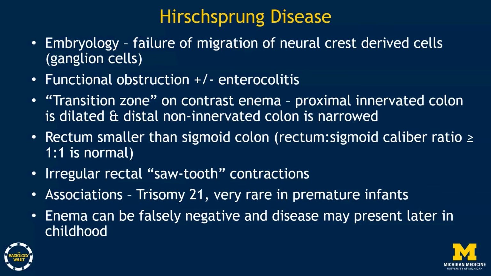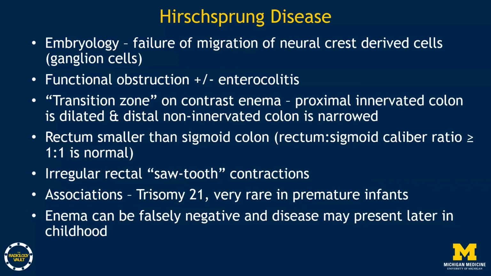Now, the enema that you perform for the distal bowel obstruction and you're looking for possible Hirschsprung disease may be falsely negative. This is the case when there is something called ultra-short segment Hirschsprung disease. The aganglionic segment is so small and distal, it may be hard to see on a routine enema.